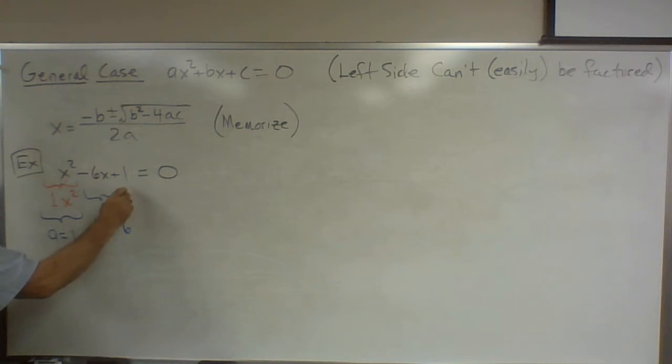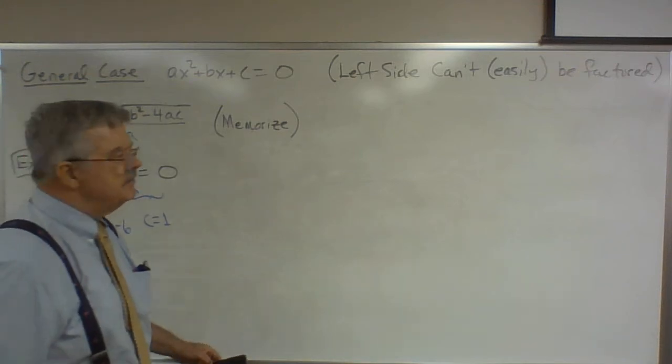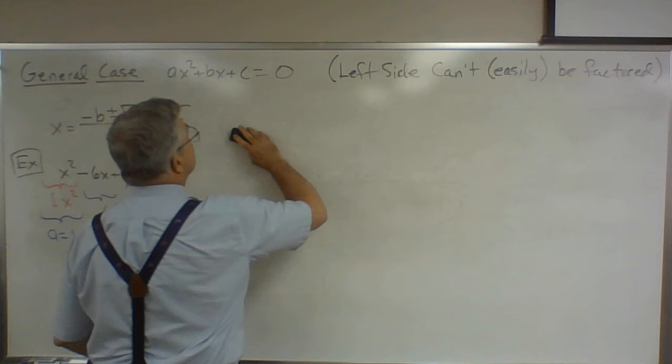And then our constant term, c equals 1. So let's take a, b, and c and plug them into this equation and see what kind of a solution we get.